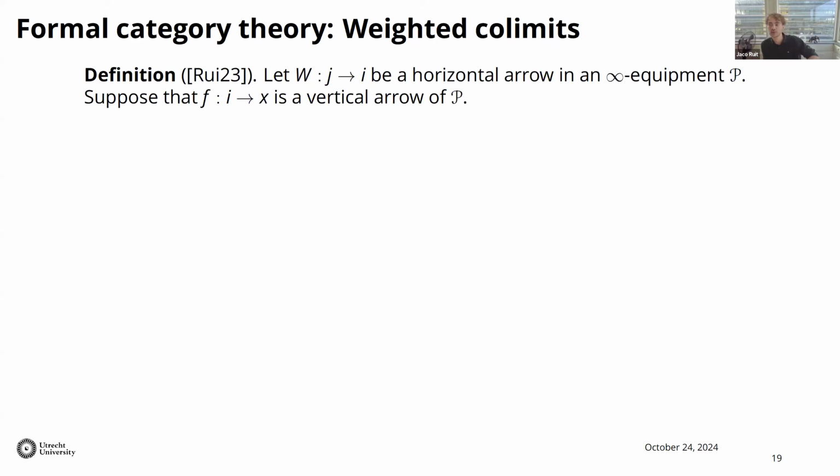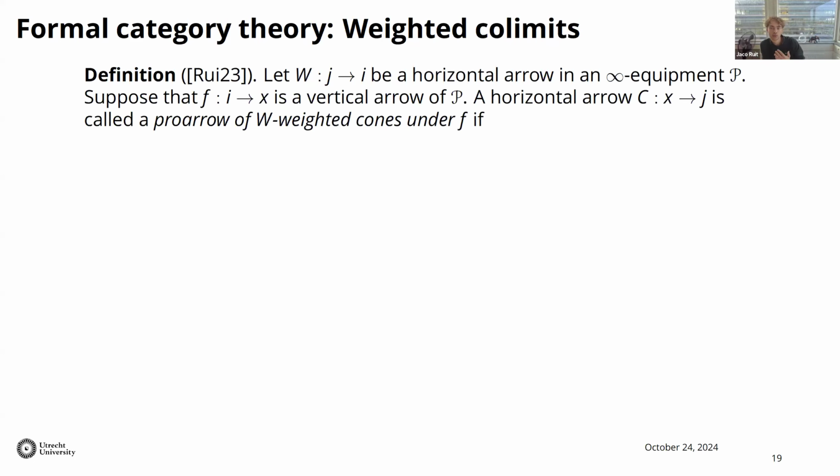If you have F, a vertical arrow of P, then you can define what the pro-arrow of W weighted cones under F should be.